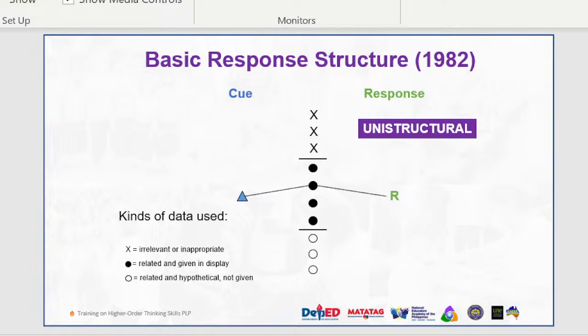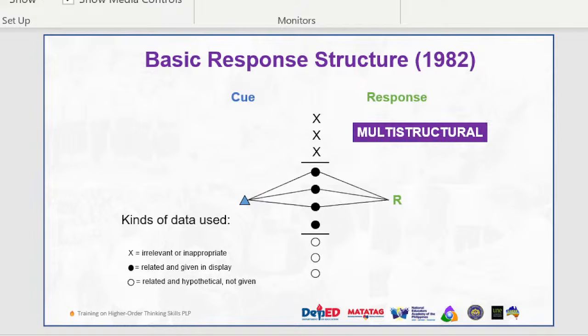In the unistructural, the learner was able to pick one bit of information in providing a response, one related response.